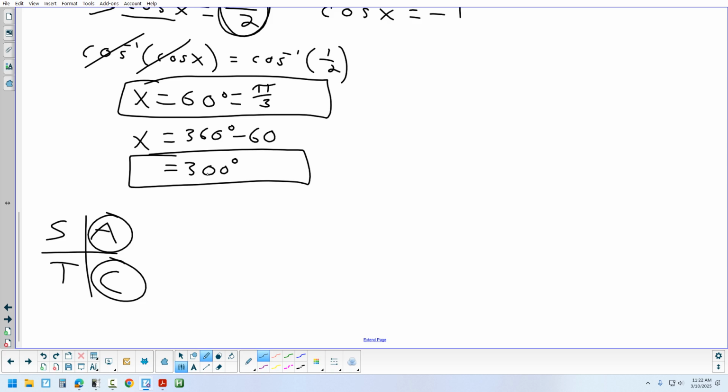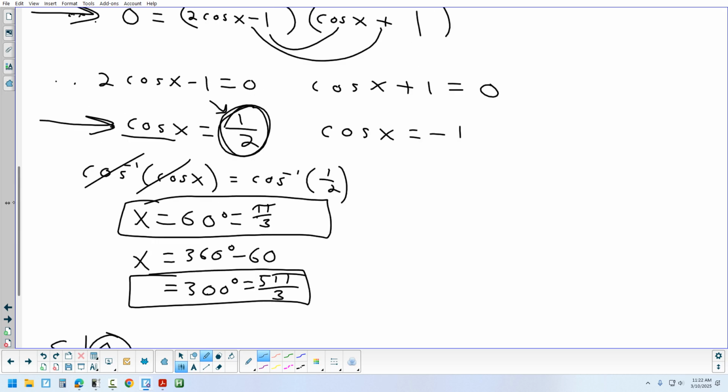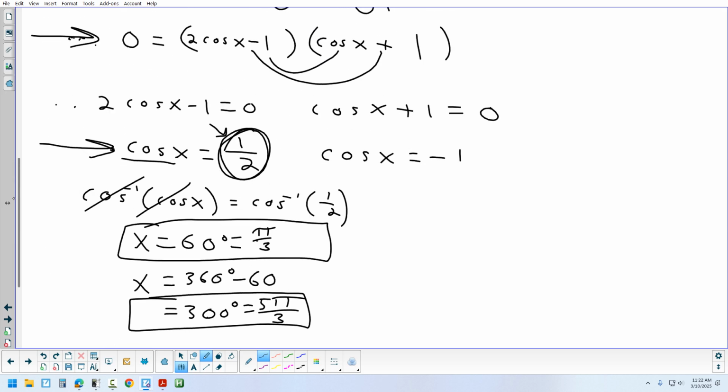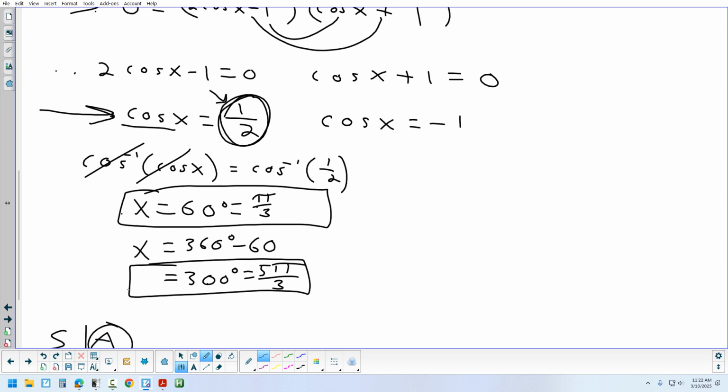It's 5 times bigger, so just make that 5 times bigger. Again, if you did this in radians, are you going to recognize the decimal for 5 pi over 3? No, never. So do it in degrees first. Okay, so there's 2 answers, pi over 3, 5 pi over 3.